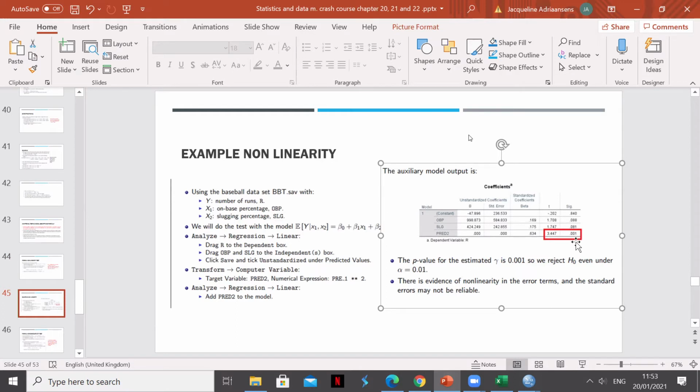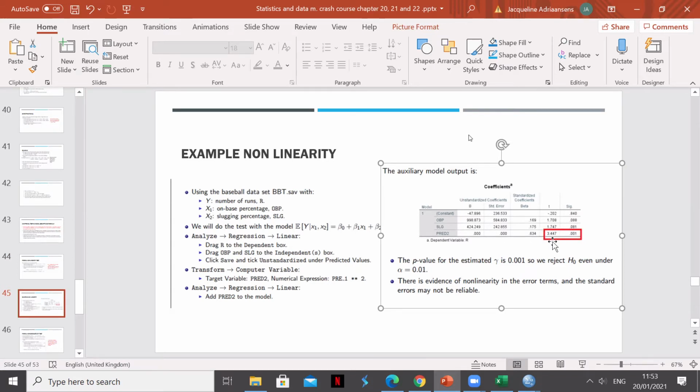So if you take, for example, alpha is 0.05, then you may reject H0. Why may you reject H0? Because your significance level is smaller than your alpha level. So under the null hypothesis, it's very unlikely.